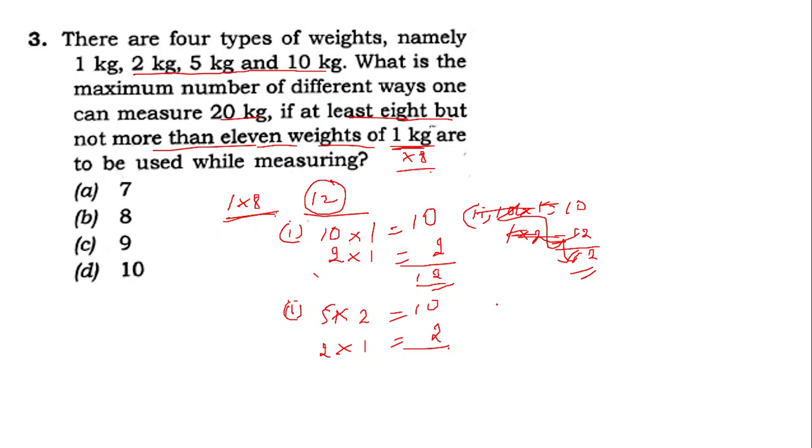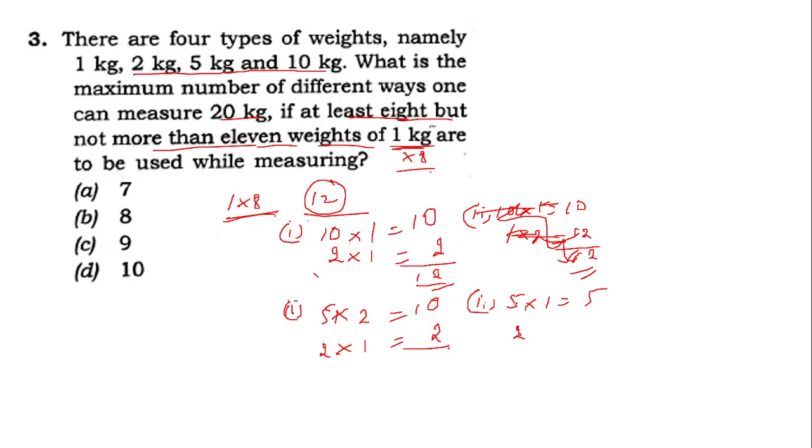Third way, can I take 5 kg into 1, which gives me 5 kg, and then take, since I need 12, right? So no, this is not possible. Here also with 5 kg, I have only one option to get 12.